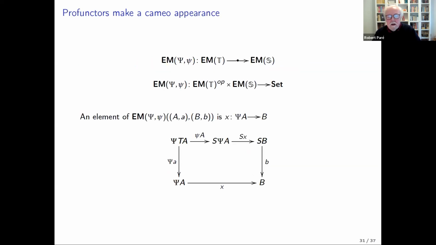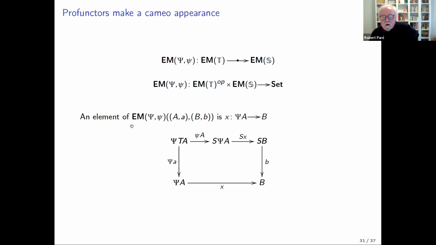And so what you get is a profunctor, from the Eilenberg-Moore on T into Eilenberg-Moore on S. For me, a profunctor goes from the opposite of this category across this category into sets. I don't know, 75% of people use the opposite convention, but anyways, this one works for me, and it's what I'm using here.